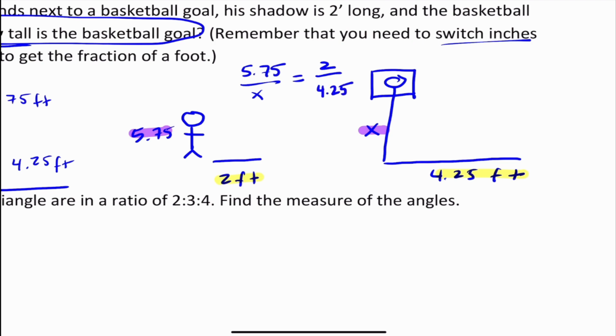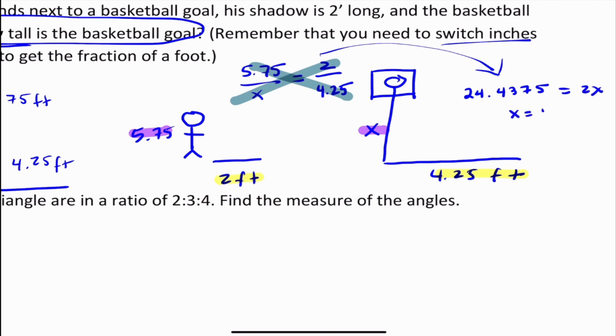So then I can cross multiply, and I'm left with what? 5.75 times 4.25. Wow, you will get 24.4375 equals 2 times X is 2X.